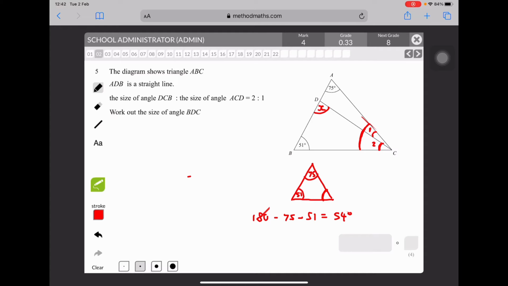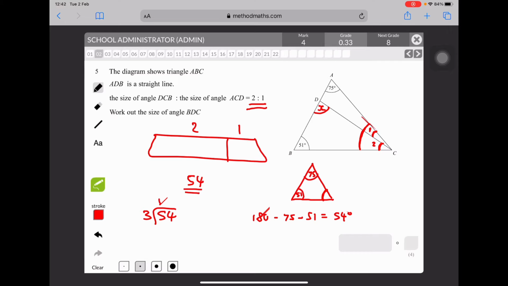So these two angles need to add up to give us 54. So there are three parts which add up to 54. So we're going to do 54 divided by 3, which is 18.